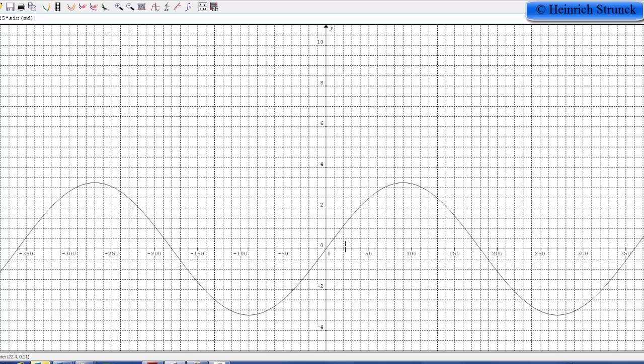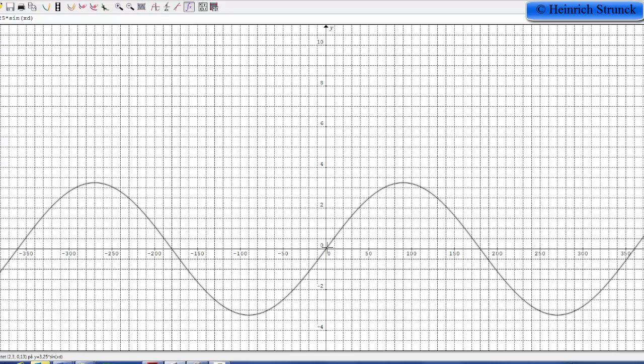And we want to find out the average, so we want to find out the area underneath the sine curve for half a period. And if we then divide by the length of 180, we get the average value for this voltage.